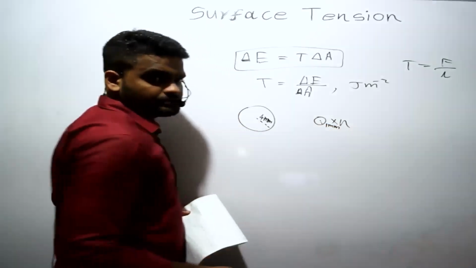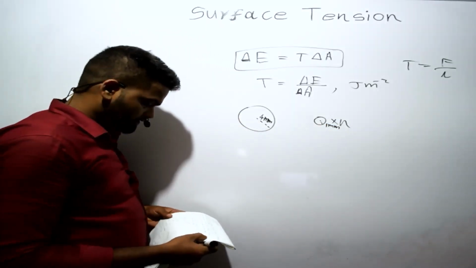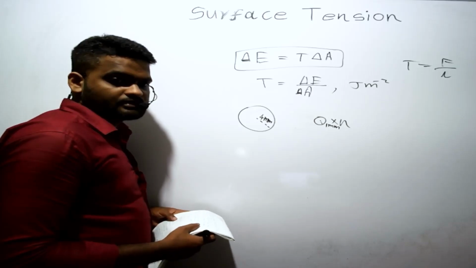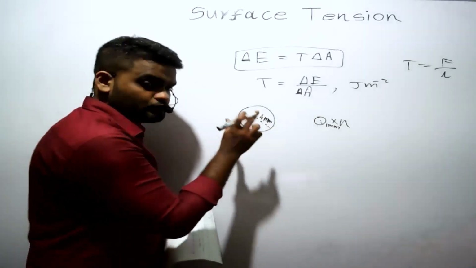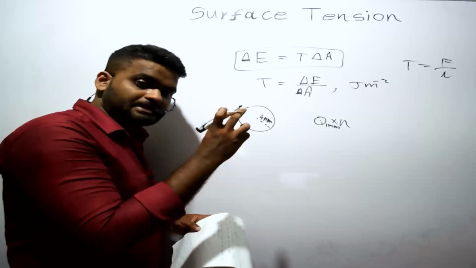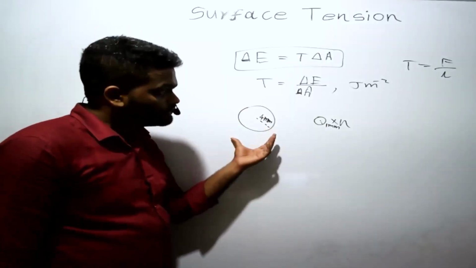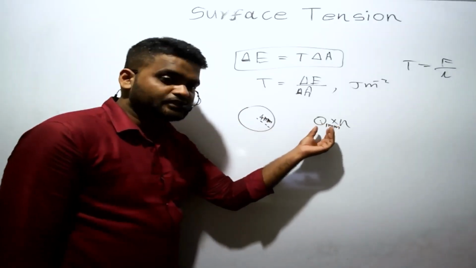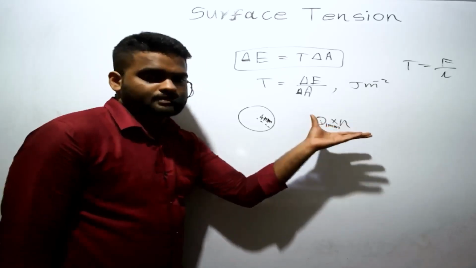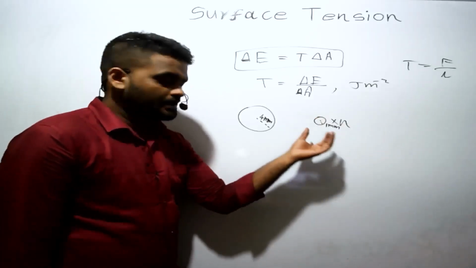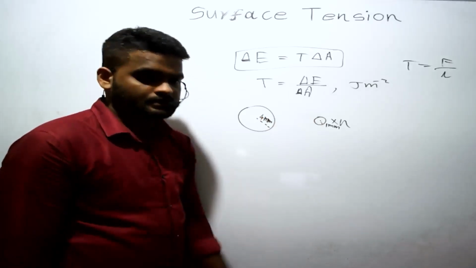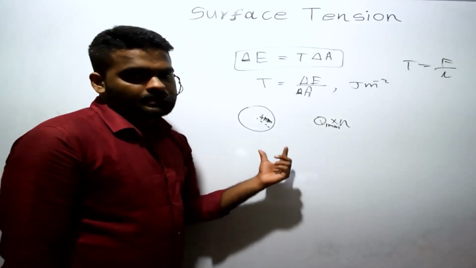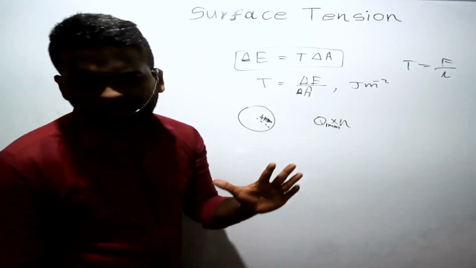If you can, let me know how many water drops. The first step is you have to figure out how many water drops. First draw this. Then if you can, how many?